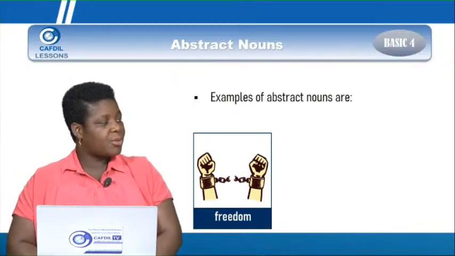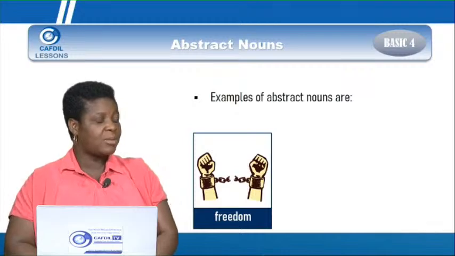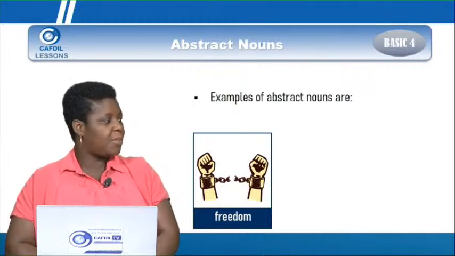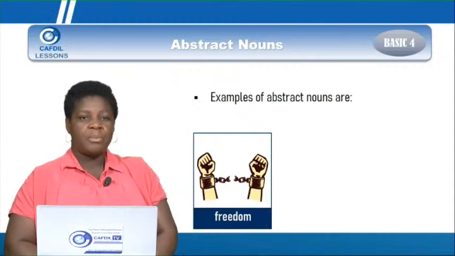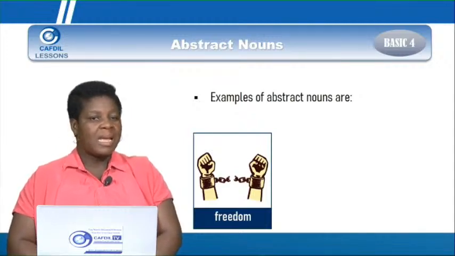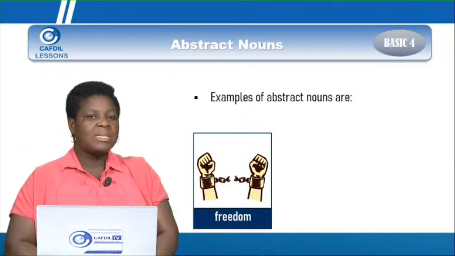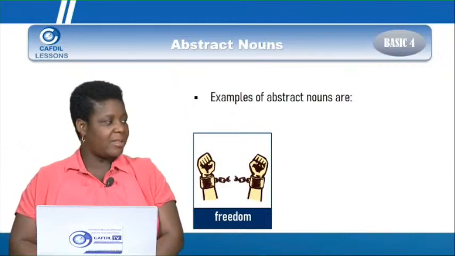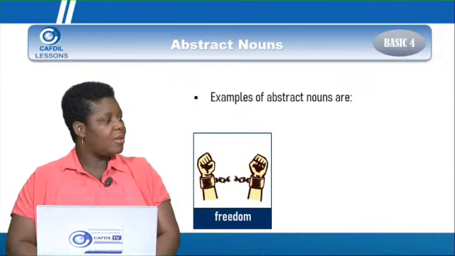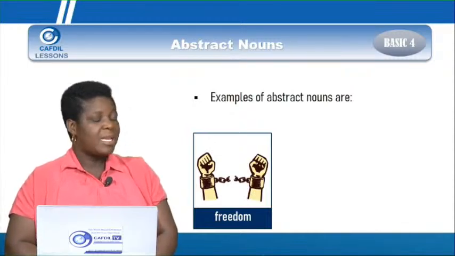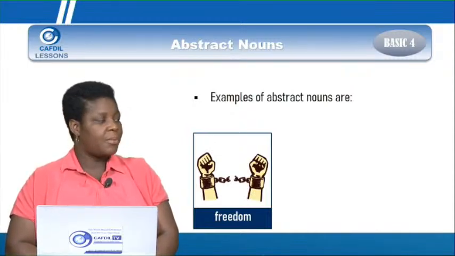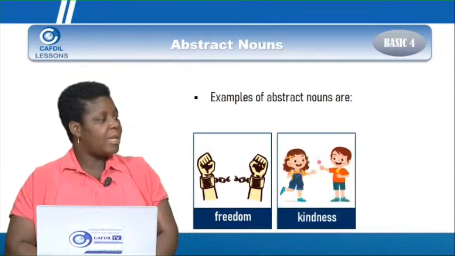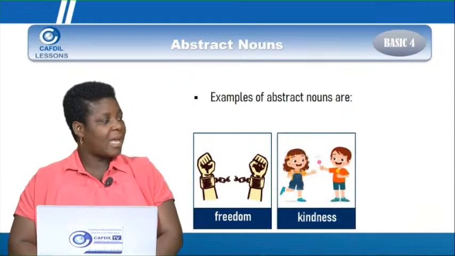Freedom is also something that you cannot see. It's also abstract. When someone has freedom, it means that person is not under anybody again. So freedom is an abstract noun. Kindness is abstract.